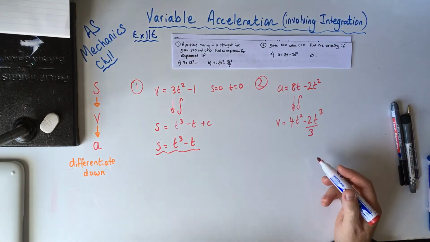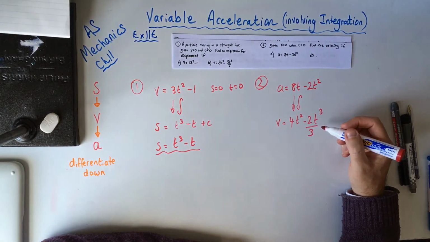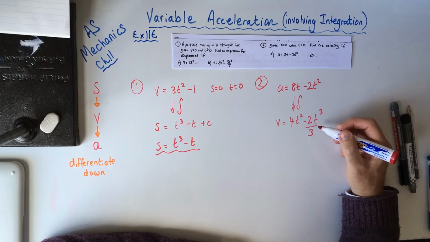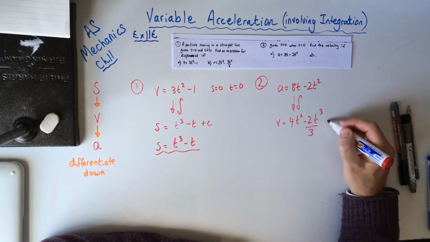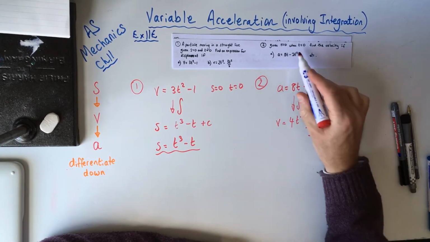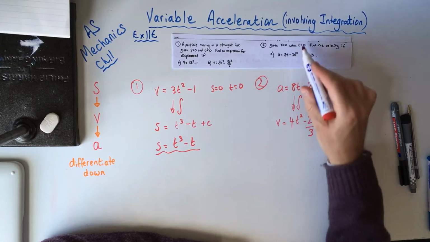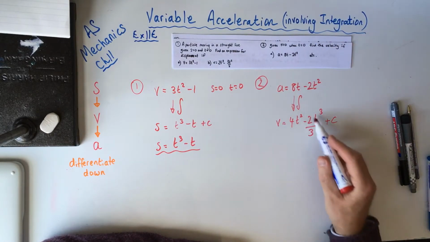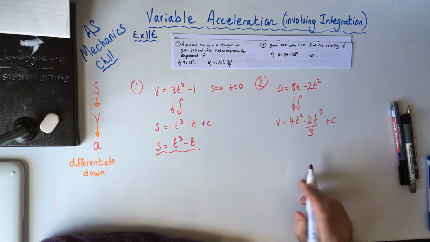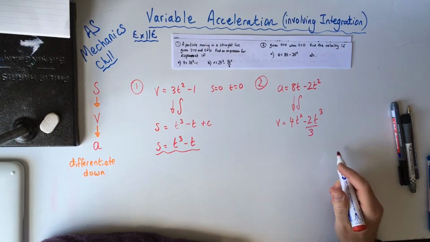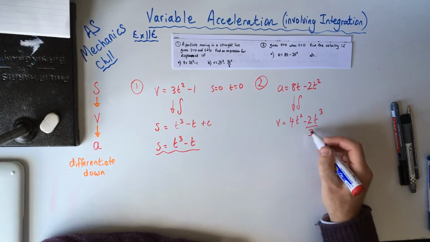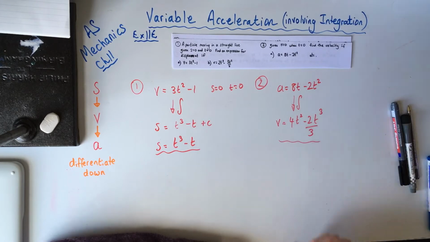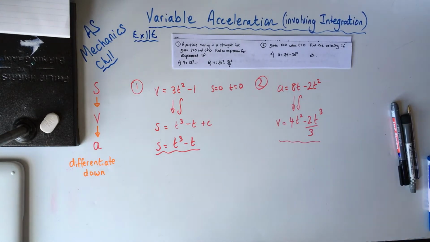I want the power divided by the new power, and that one is going to stay like that again, because we're going to put a plus c on. But you can see that the velocity is 0 when t is 0. When you put t as 0 into there, the c is going to be 0 as well. So that constant is 0, and so that just becomes the equation for the velocity.